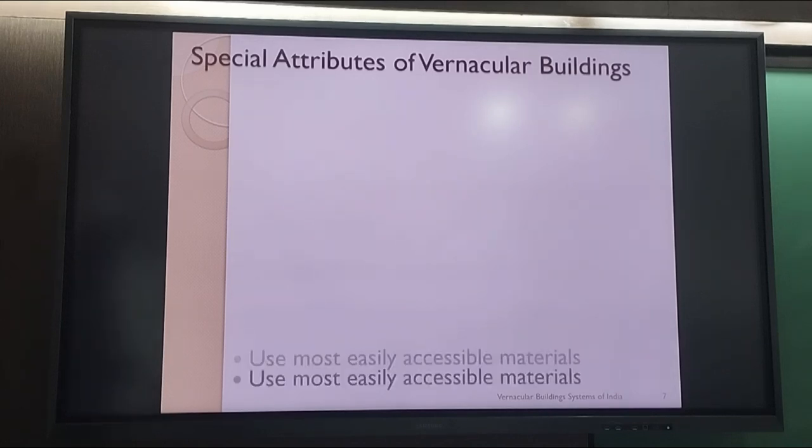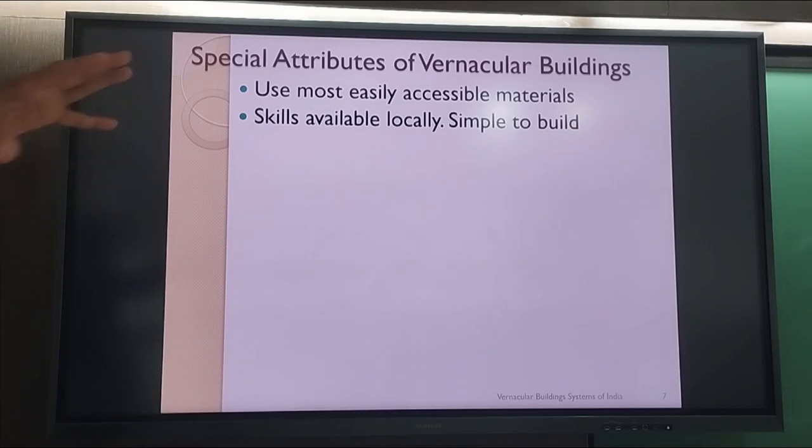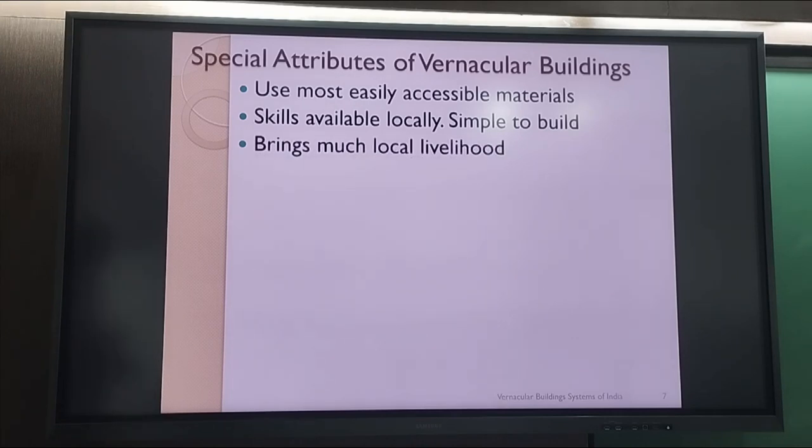All right. Some interesting attributes that we need to take note of. Of course, as I mentioned, they use the most accessible materials, skills available locally, and they're simple to build. There's a big difference from concrete and steel, which are very complicated. These are very easy to build, bring much needed local livelihood, and are technically easy to maintain.